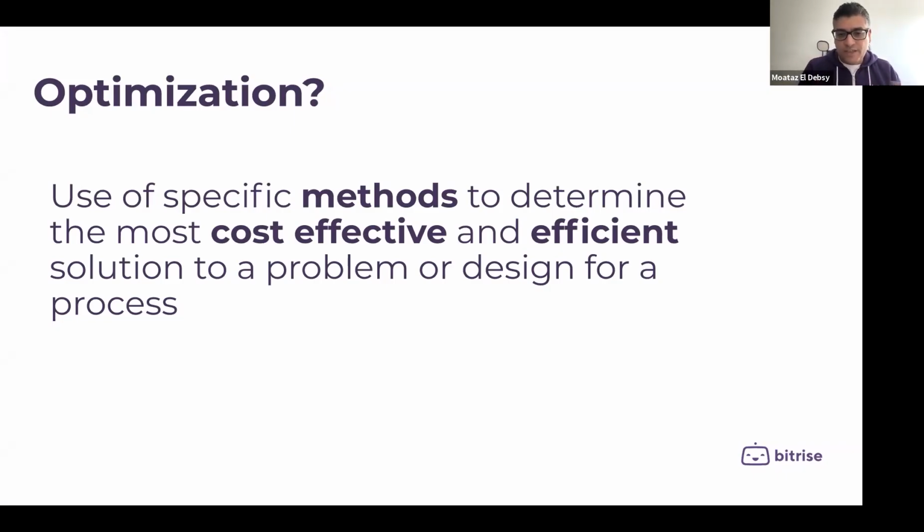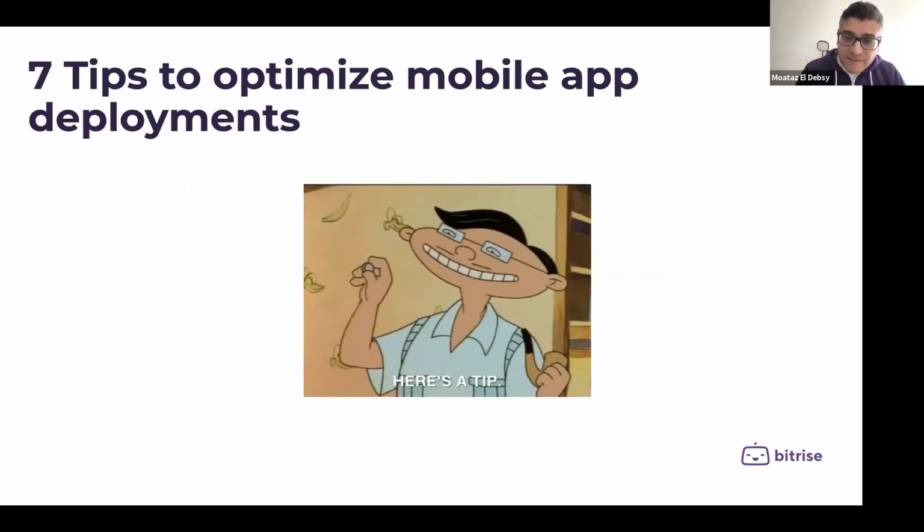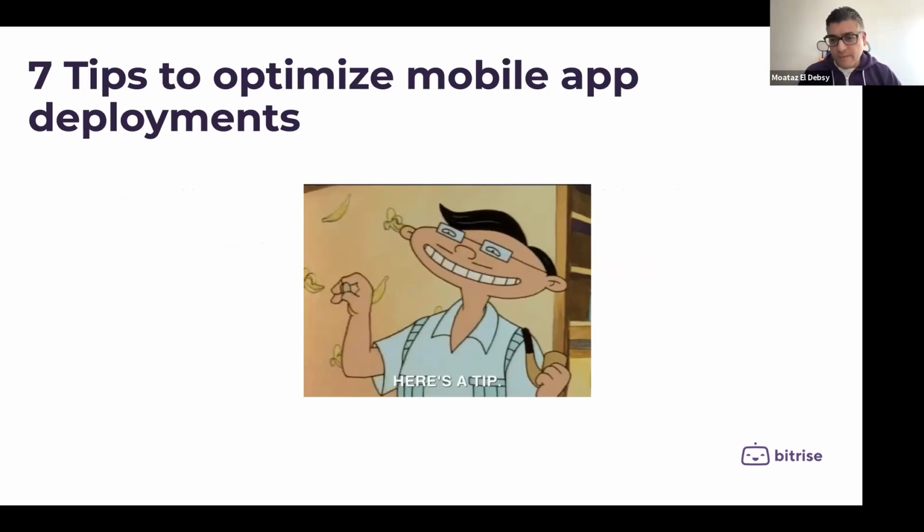We have a lot of things accumulated, which affects us in that we are not delivering our apps quickly or frequently to the App Store. Because of that, we need to optimize our app deployment. We are trying to do our best to fix a problem, find a solution, or design a process for this. So here we have 7 tips to optimize mobile app deployments.